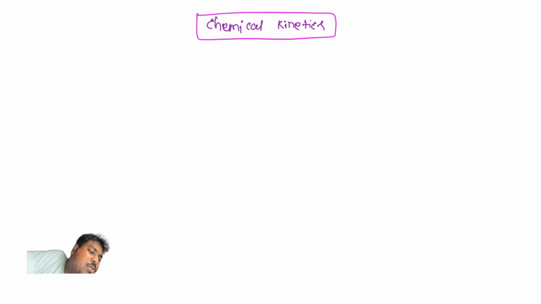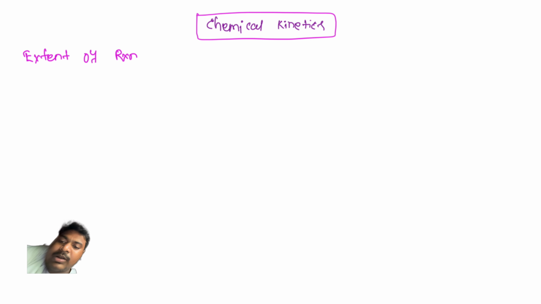One more thing I want to explain here. Do you know about the extent of reaction? Extent of reaction, from the name itself, it is easy to know what it means.